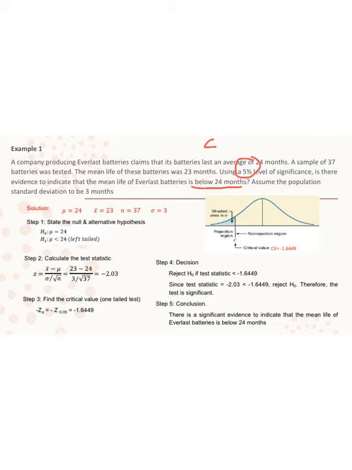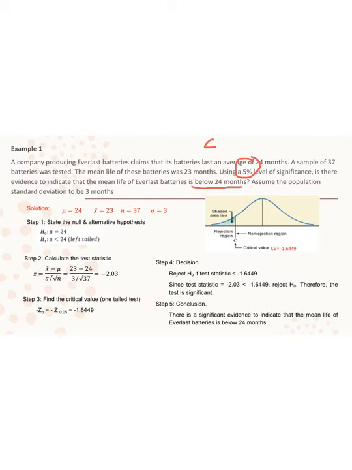Okay, now we want to make a decision rule first. We have to decide when we will reject the null or fail to reject the null hypothesis. So the decision rule is we will reject H0 if test statistic is less than the critical value.